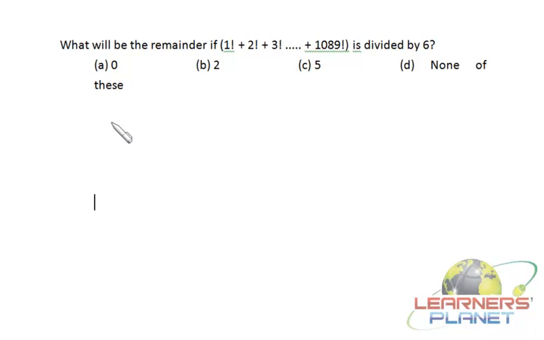1 factorial is actually 1, 2 factorial is 2, 3 factorial is 3 into 2, that is 6, and 4 factorial is 24, and so on. You will observe that after 2 factorial each and every term will be a multiple of 6, because in every term there will be 3 factorial which itself is 6.